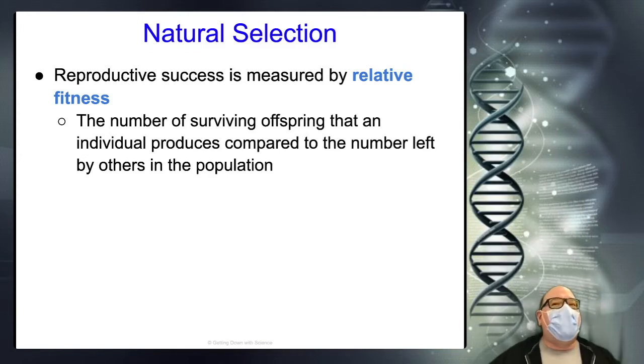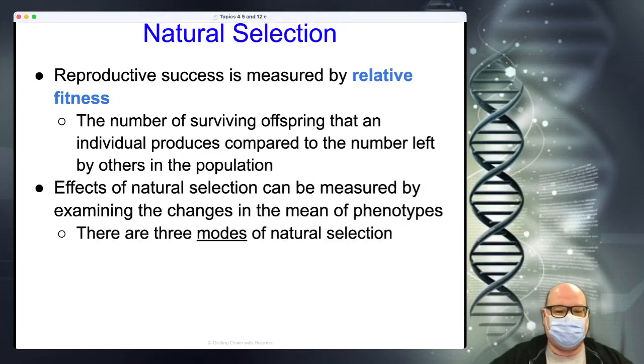So if your offspring have any kind of phenotype that gives them any kind of advantage, we should see some natural selection start coming into play. And how would we know that was happening? We would look at the changes in the phenotypes.